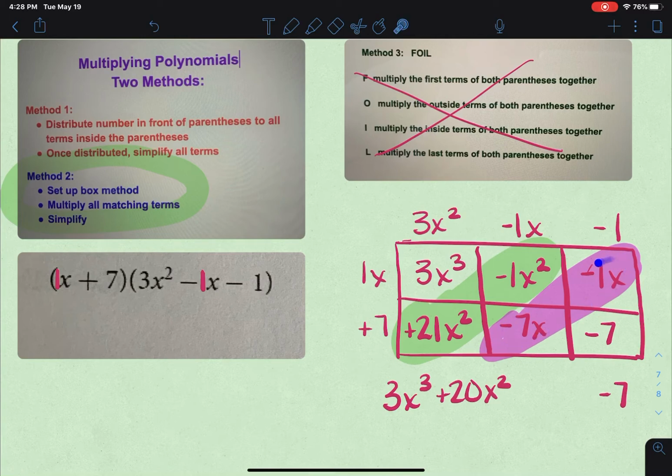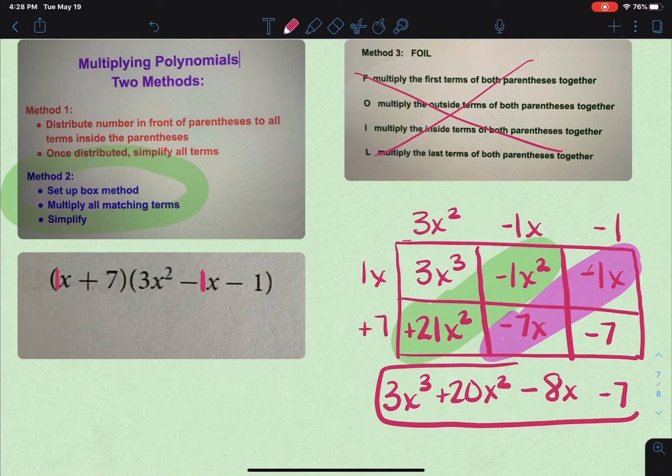Negative 7x and negative 1x is negative 8x. And that's your final answer. Again, this is where the box method is really much more flexible because you can put as many terms times as many terms on those boxes and still get them to work.